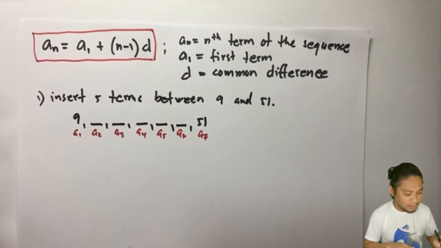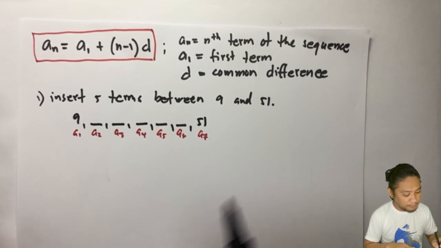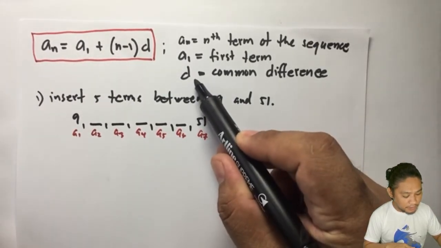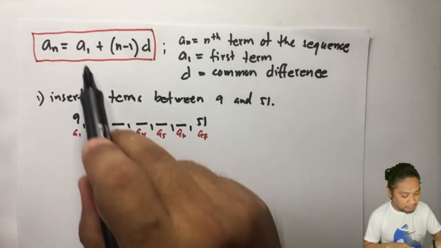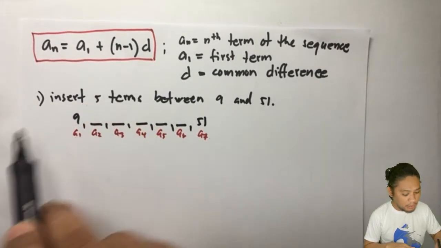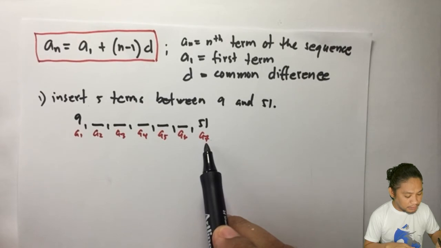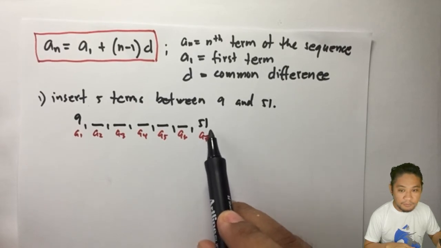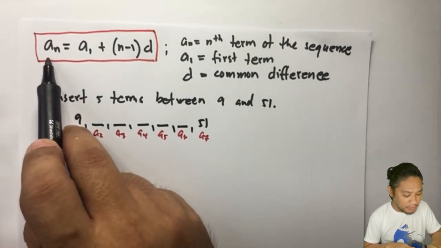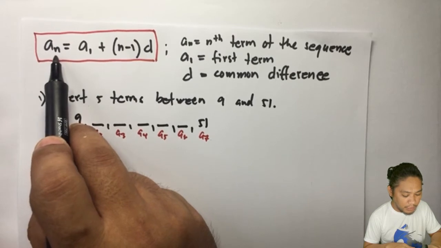So we can use this information to identify the arithmetic means that we're going to insert. The process is we need to find the common difference, because we already have a sub 1, which is 9, and our 51 is the seventh term, so we can use 51 as our nth term, and n is 7.